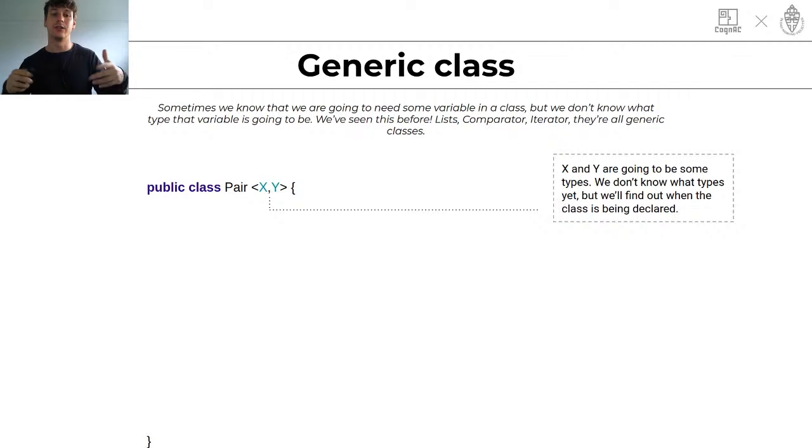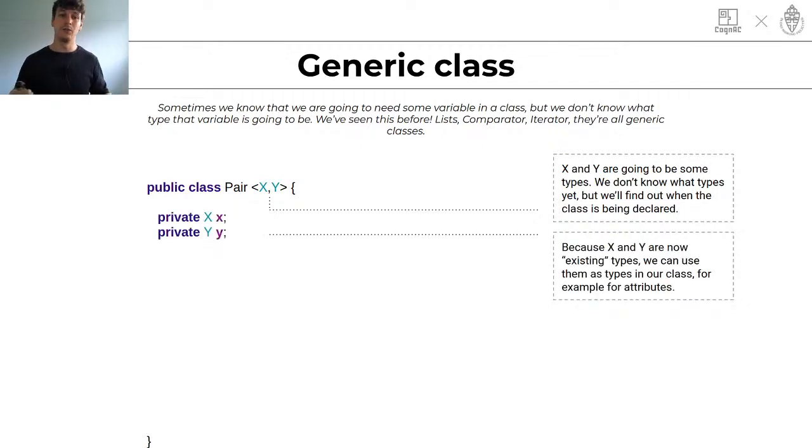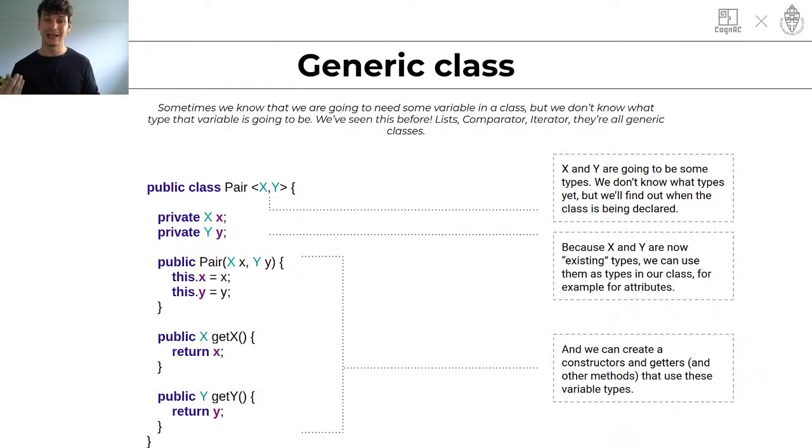Because X and Y are now defined at the top, we know that we can use them in the class itself. So we can say private X, because X is now an existing type. Same for Y, and we can just use them in the class as if they're some existing type, as if they're strings, as if they're integers.